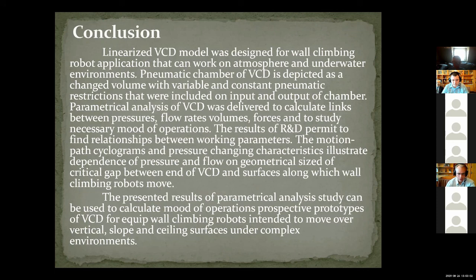The presented results of the parametrical analysis study can be used to calculate modes of operation of prospective prototypes of vacuum contact devices for wall climbing robots intended to move over vertical, slope, and ceiling surfaces under complex environments.